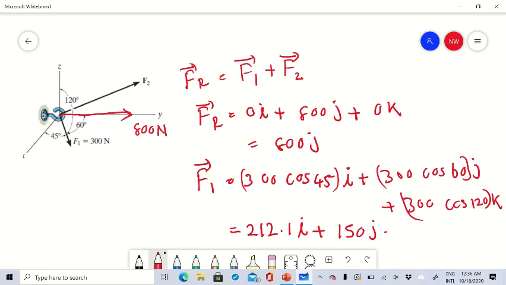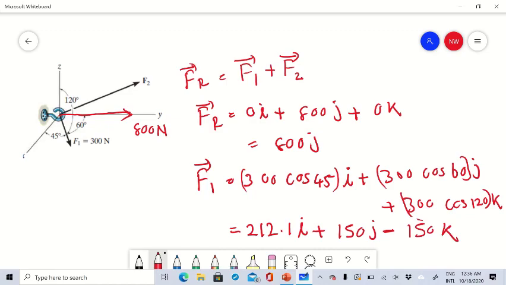Cos 120 is minus half, so it is minus 150 k, right? So this is force F1.